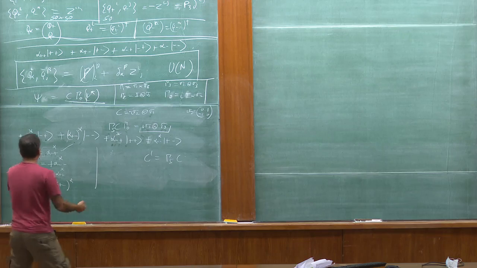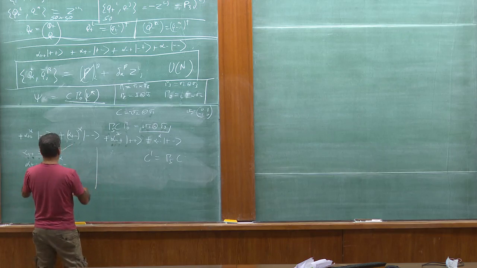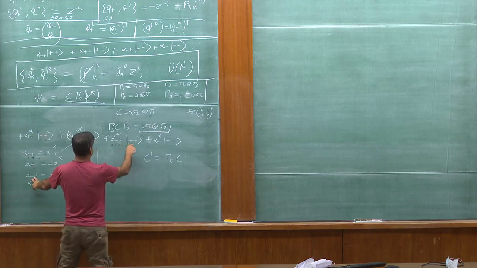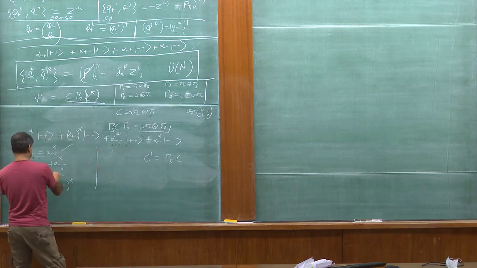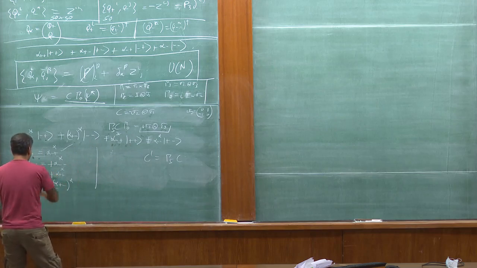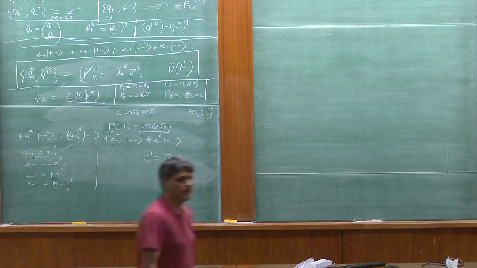The coefficient of minus plus is now this, and the coefficient of minus minus is this. So every sign is plus now. So now it works. Okay, so this is the reality condition I'll impose.